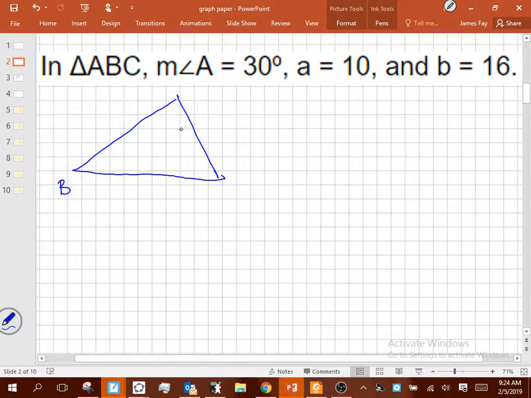So this would be 16. Let's make this A here. No, sorry, I messed that up. I don't want to do it that way. I want to model what I've got set up in GeoGebra here in a minute. So let's make this be A. So that would be 30. This would be 10. And yeah, let's make this 16. So this would be angle B. And this would be C.